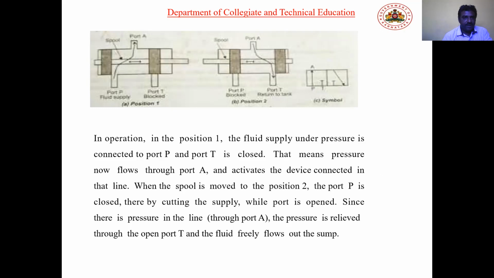We can see initial position A, then the next position B, and the graphic symbol C. Three figures represent this valve. Port P is open in figure A, that is called position 1. Port P is open and the fluid is supplied through port P.